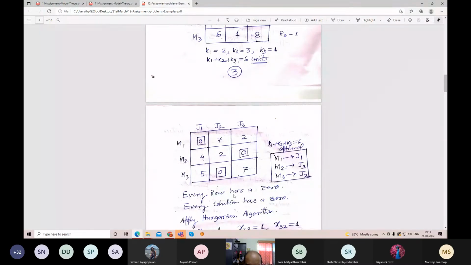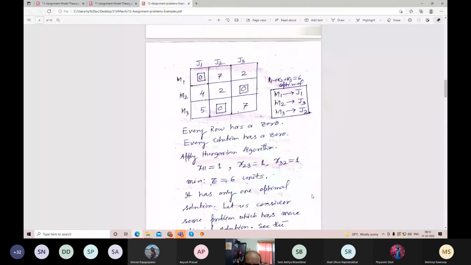Here we find every row has a 0 and every column has a 0. Using the Hungarian algorithm, we find x11 equal to 1, x23 equal to 1, x32 equal to 1, and the minimum value of z equal to 6.